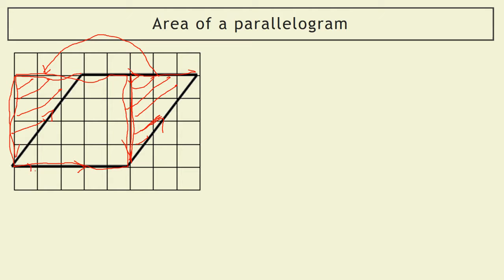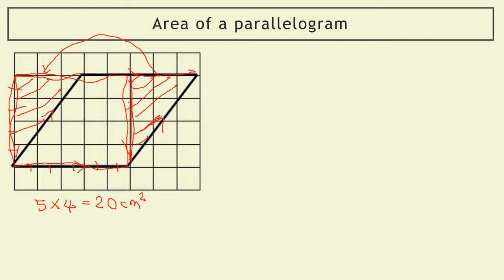So here we've got 1, 2, 3, 4, 5, and then how far up that went. Okay, so it went 1, 2, 3, 4. Okay, 5 times 4 is 20. And again, square centimeters, if these little squares are a centimeter by a centimeter.